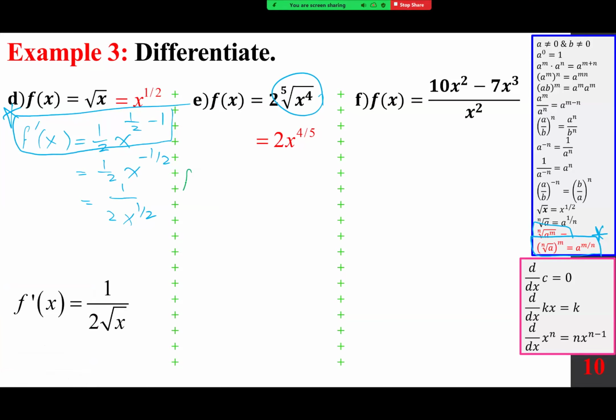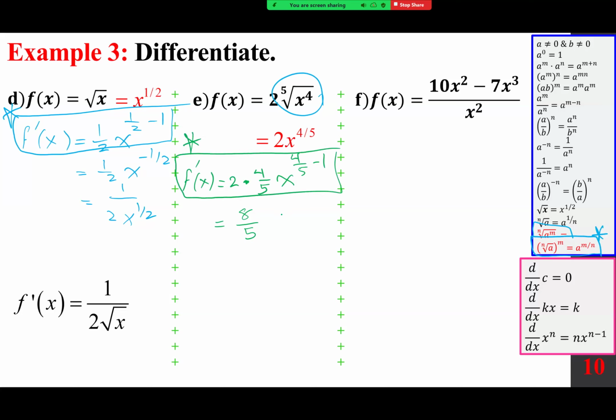So we continue with the differentiation and say f prime is 2 times 4 over 5 x to the power of 4 over 5 minus 1. And this is 8 over 5. Again, let's just box that calculus step.